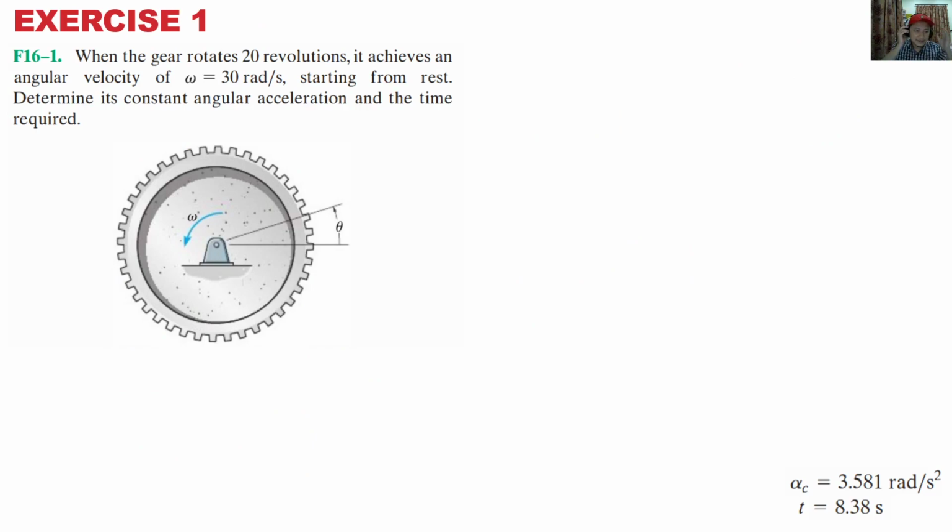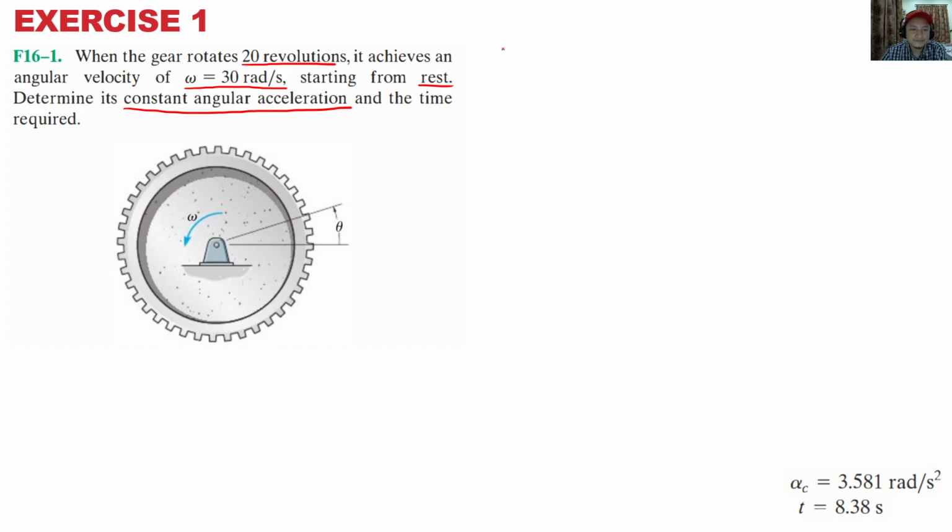So let's look at the first one. This is a gear. When the gear rotates 20 revolutions, it achieves an angular velocity of omega is equal to 30 radian per second starting from rest. Determine the constant angular acceleration.